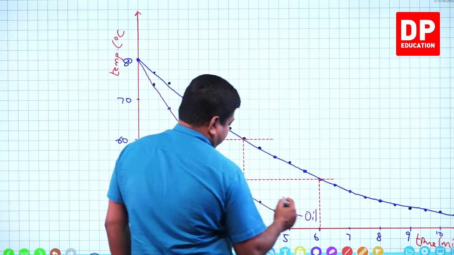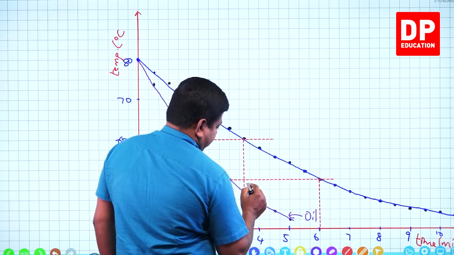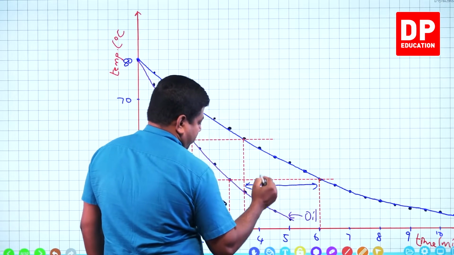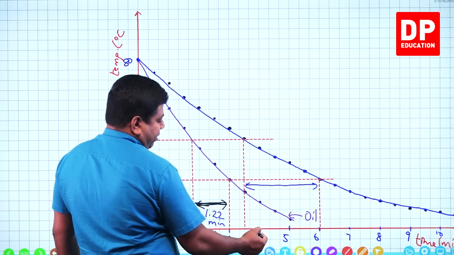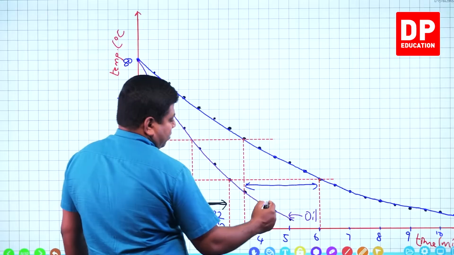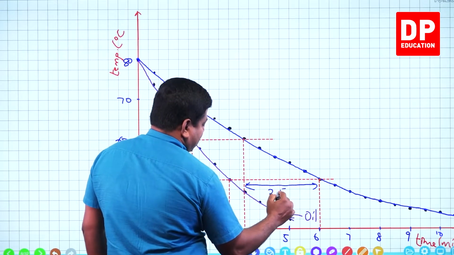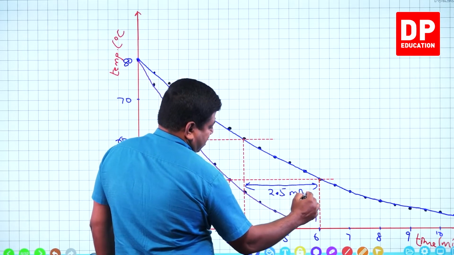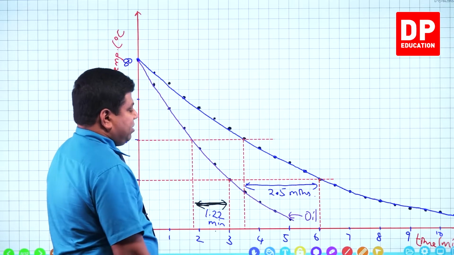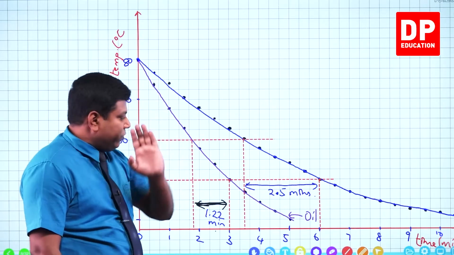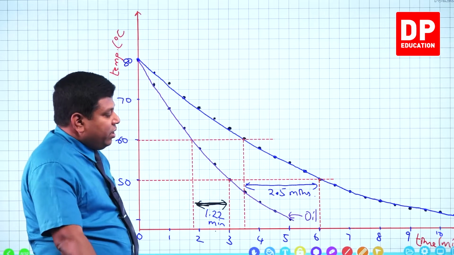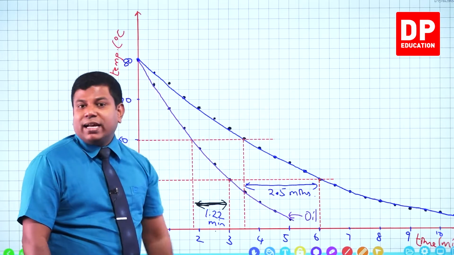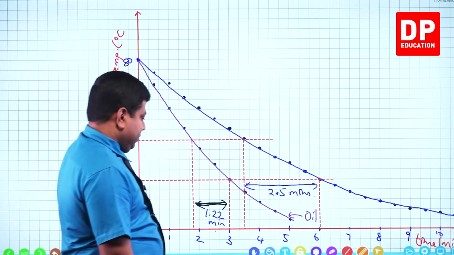Similarly, the time here, there are 2 minutes here. This is like half of it, right? So that's like 2.5 minutes. See that clear? From 60 to 50, oil has taken 1.22 minutes, whereas water has taken 2.5 minutes.